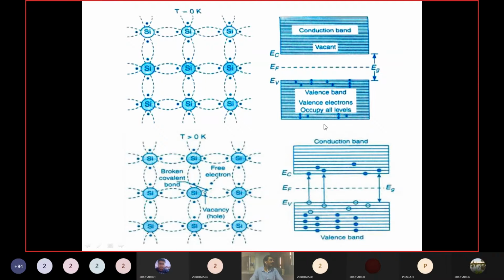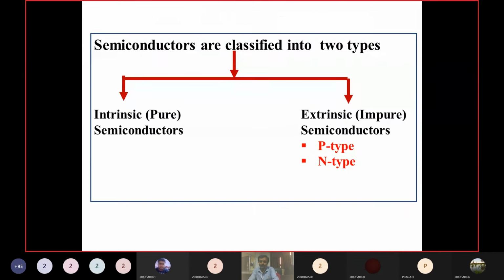There are free electrons in metals. That's why metals act as conductors. So based on the band theory of solids, we have classified the materials.